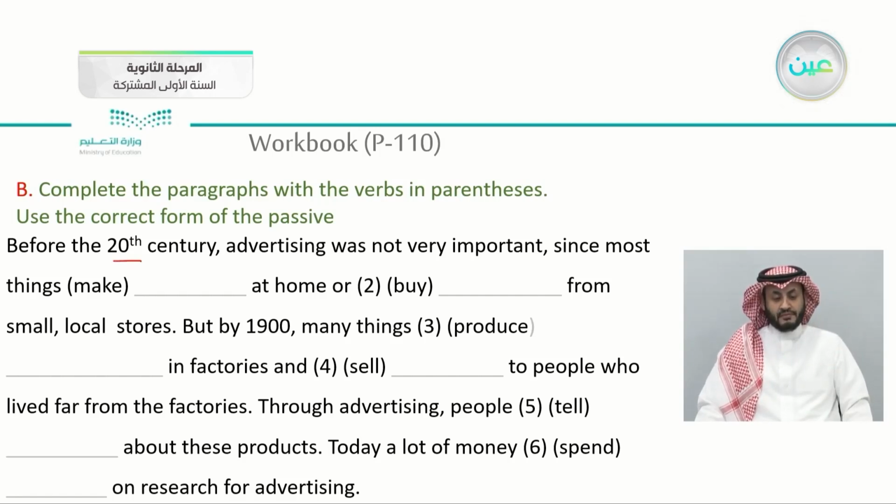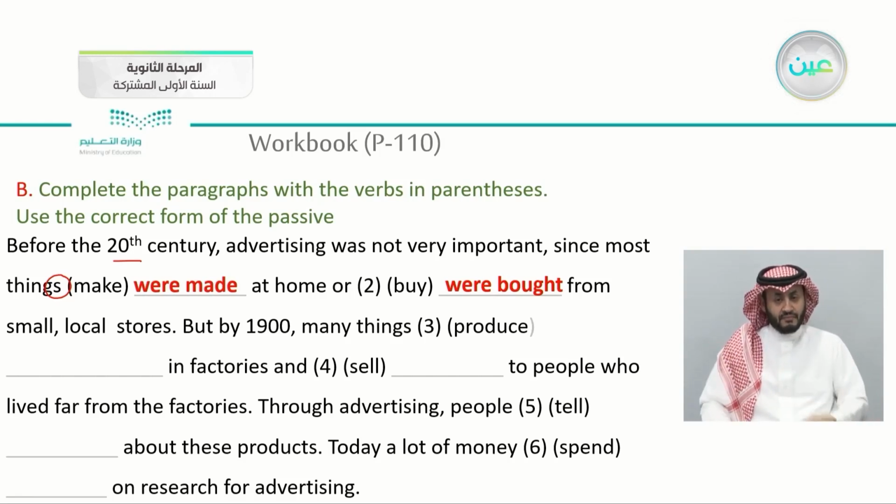Advertising wasn't very important. Since most things, here we're speaking about things, past, verb to be, verb number 3. So, were made at home, or the things were bought from small or local stores.